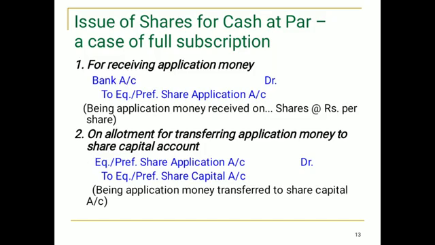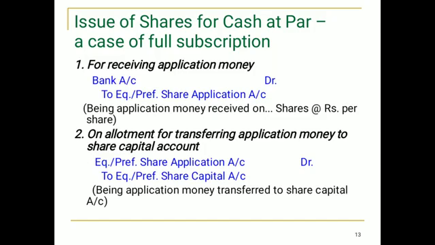The concept we are dealing with is when shares are issued at par and in case of full subscription. That means you have issued 30,000 shares, you have received applications for 30,000 shares, and you have issued those shares at face value, at par, that means at rupees 10.